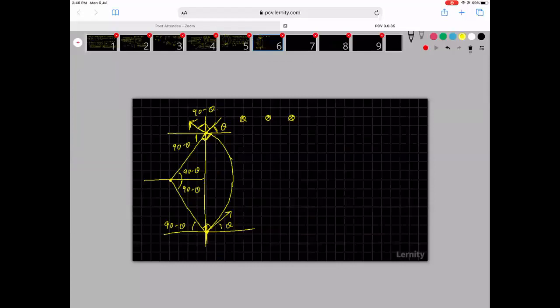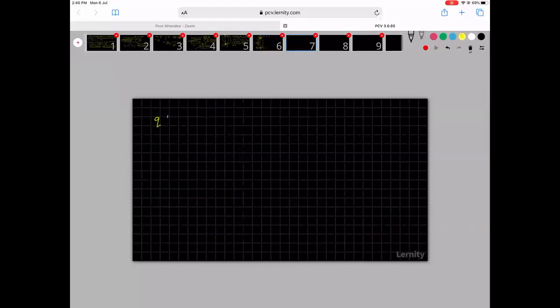Now I told you that if a charged particle is placed in a magnetic field, it experiences a force equal to Q into V cross B. Now V can be written as dl by dt, cross B. If I take the Q inside, I get Q by dt.